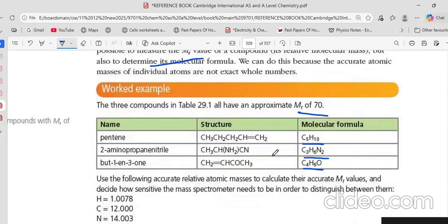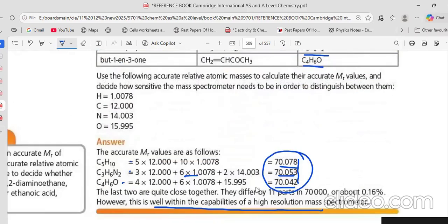Here, all of these have a molecular mass of nearly 70, and even though there's a very small difference, you can identify which one it is by mass spectrometry. So if it's 70.053, it must be this.